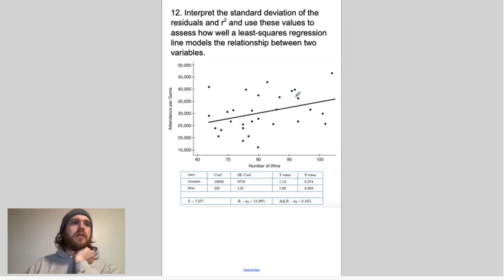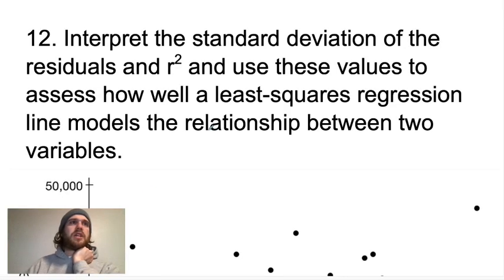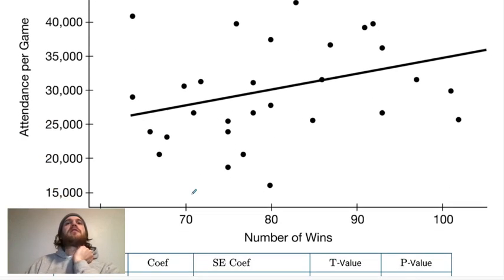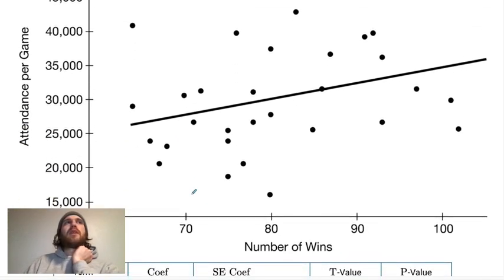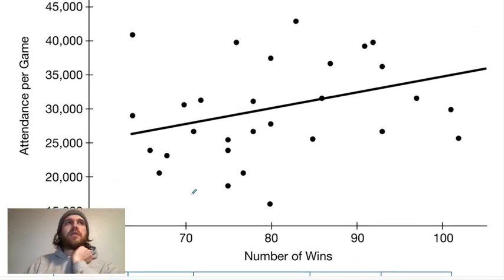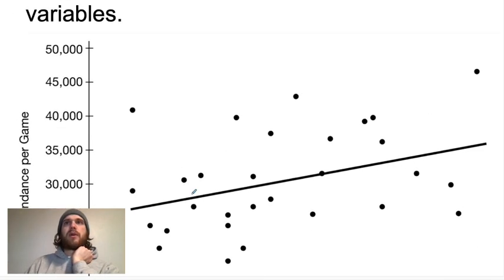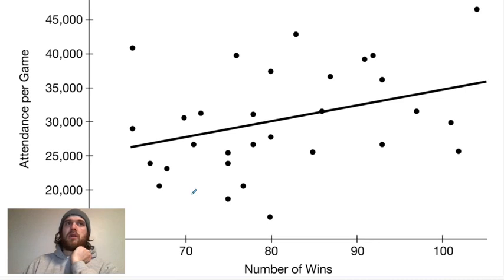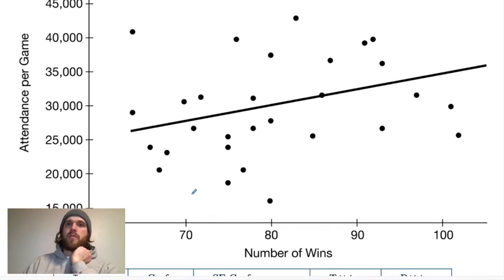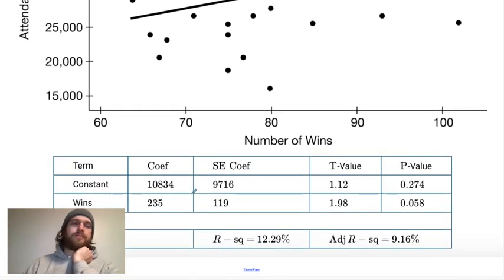This is not the example that we've been using the whole time. Basically, in this example, you have a team, and you're looking at the number of wins plotted against their attendance per game. We're trying to see if there is a trend, as in more people are likely to show up as your wins go up.